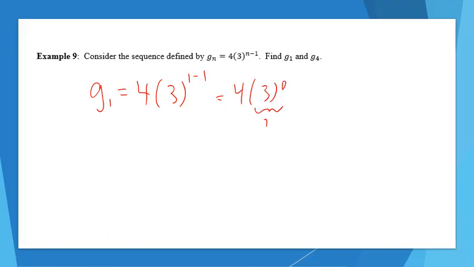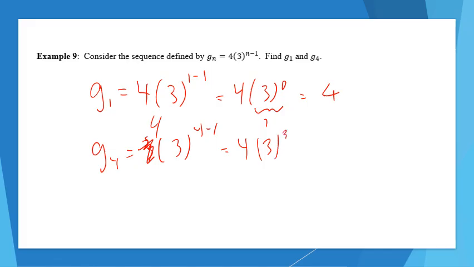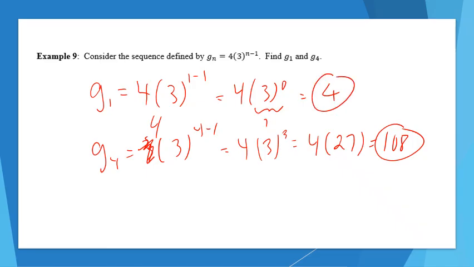Anything to the 0th power is 1. So 4 times 1 is 4. And then g of 4 would be 4 times 3 to the power of 4 minus 1. This should be 4 times 27, which is 108 there. So that's going to be our 2 answers there.